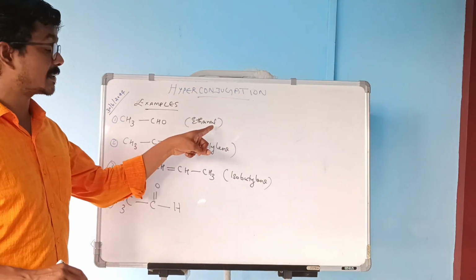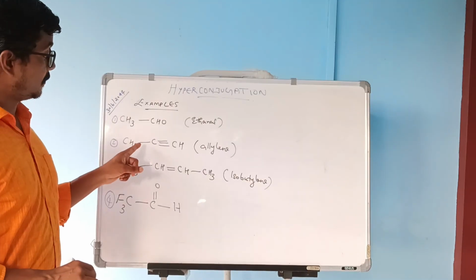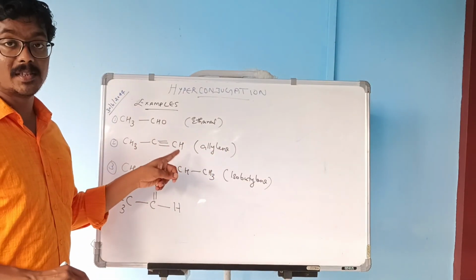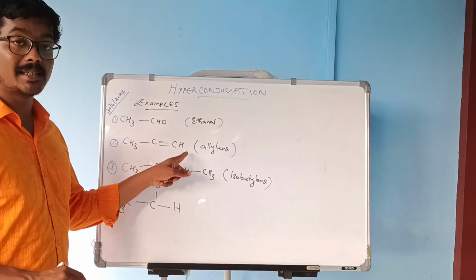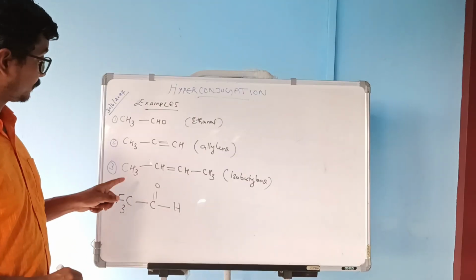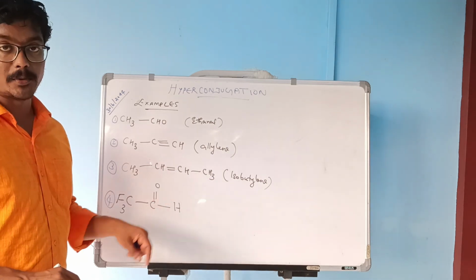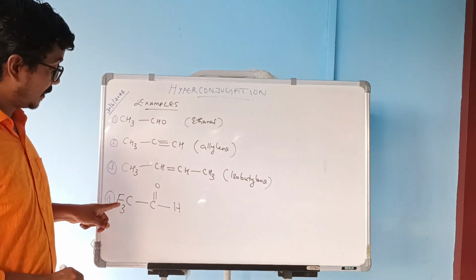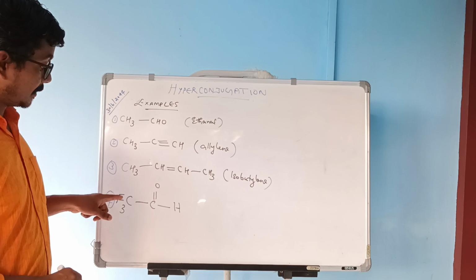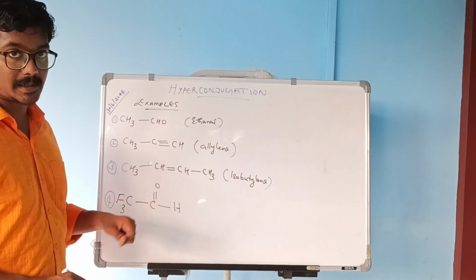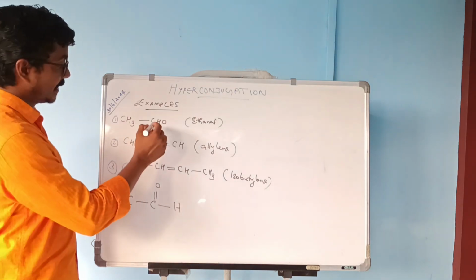The second one is methyl acetylene, which has triple bond character. The third one is isobutylene. The fourth one is trifluoroacetaldehyde.